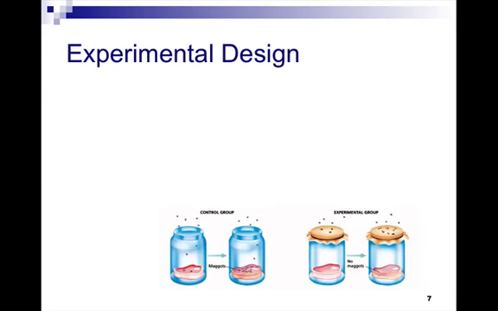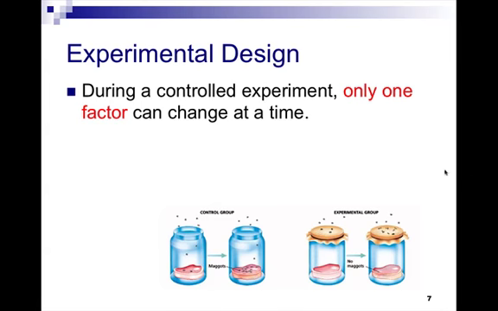So experimental design. In an experimental design, once again, there's going to be just one. And here's the key, because I'm going to ask you this on the test, and we're going to ask you this all along. Only one factor can be changed at a time. We can't change more than one, because if we change more than one, we don't know which factor is affecting what we're testing. So we only change one, just one.